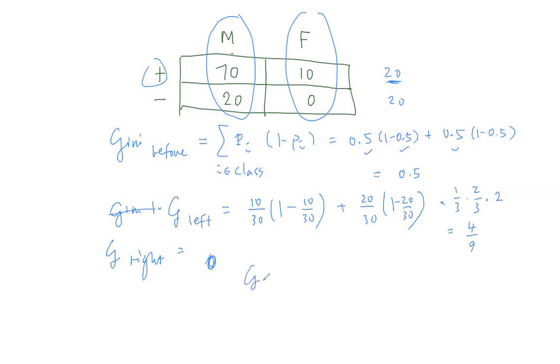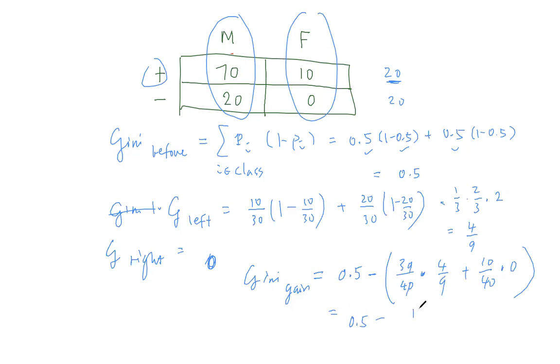So basically your Gini gain after splitting on male and female is equal to 0.5 minus the weight. So the weight here, 30 out of 40, times the left, which is 4 out of 9. The right is 0.